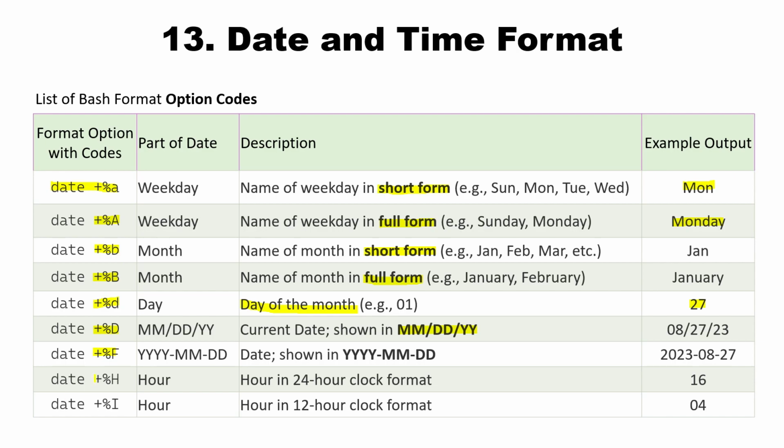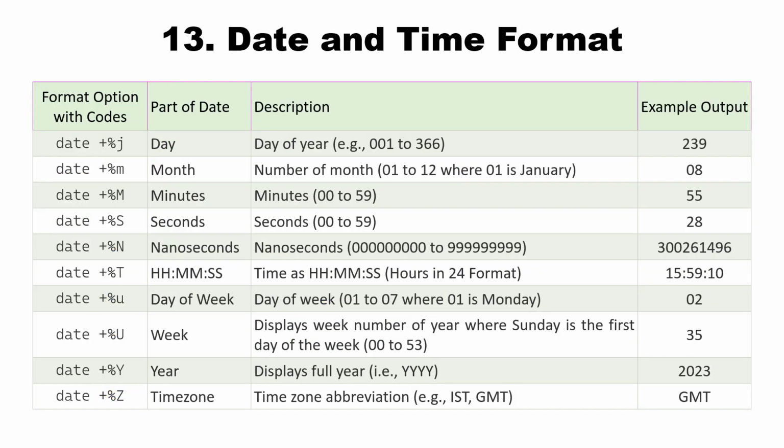Similarly, plus %H is going to return the hour in 24-hour clock format, and then capital I will return the hour in 12-hour clock format. In the same way we have more format option codes for different kinds of output that we might want to get from the date command.